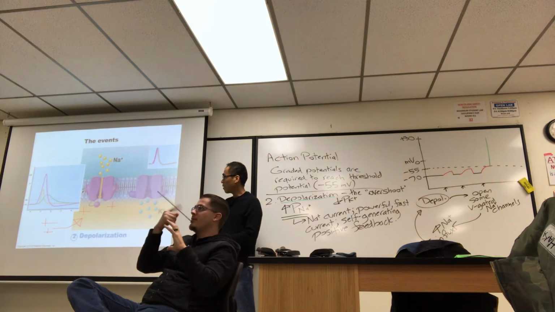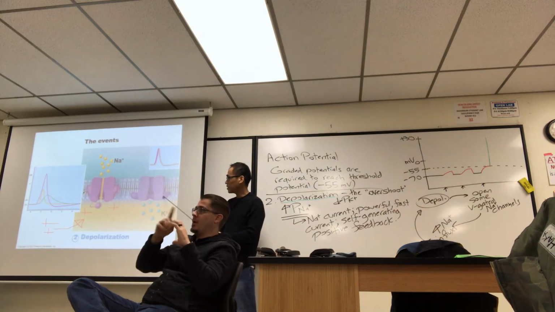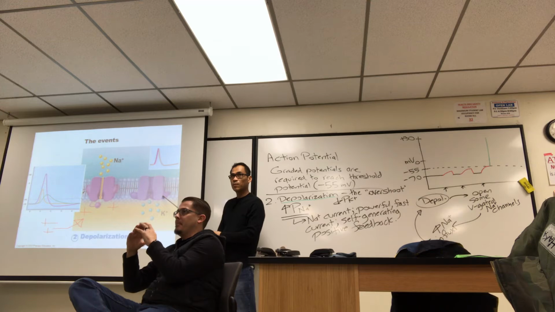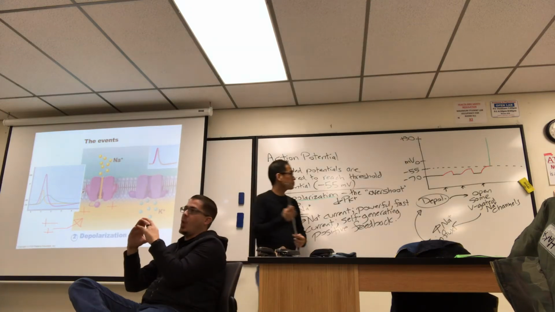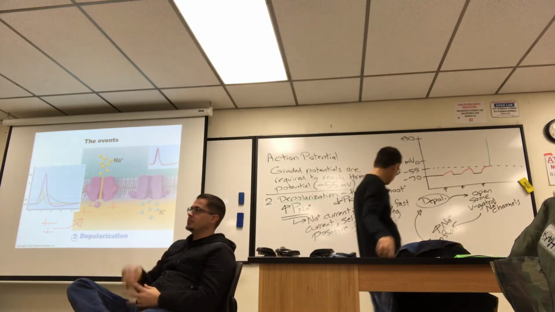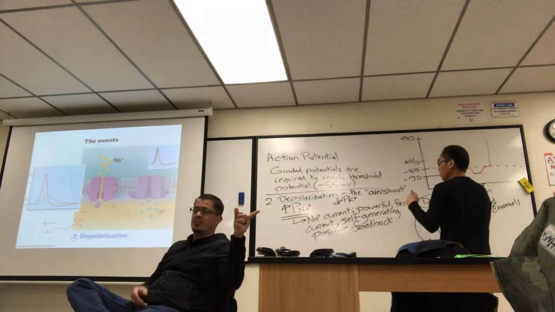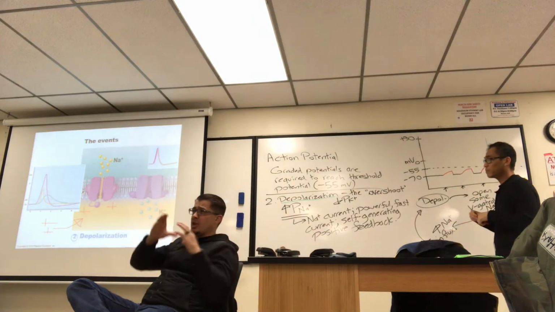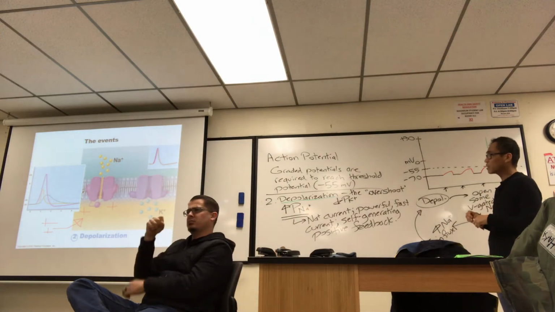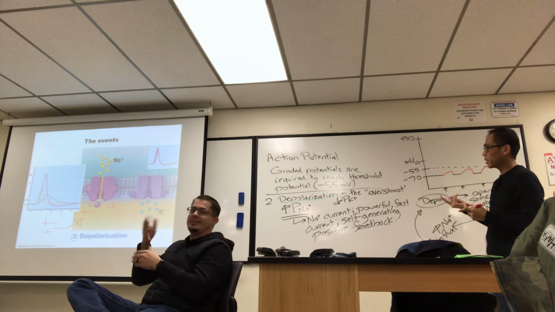And what do you say about the potassium channels? Open or closed? That eventually opens because it's slow, right? It'll eventually open. Yeah, that's basically going to be the next step.